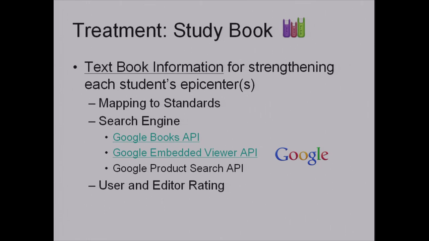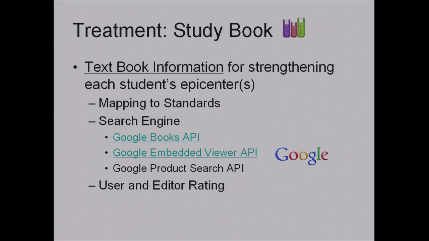Let me get into more specifics for the study book information. Study book information is the first facet of the student feedback. Basically, we provide textbook information to strengthen each student's epicenters, because we have a complete known epicenter list, and this system identifies what epicenters each student needs to study, and we map these epicenters to book information.